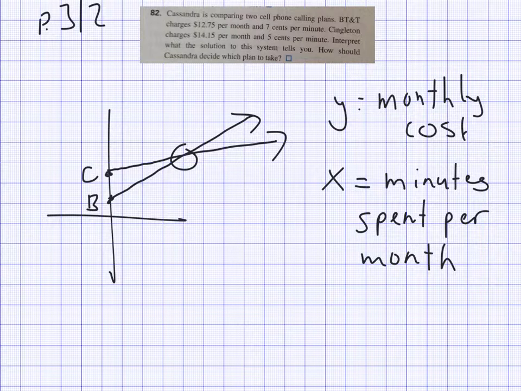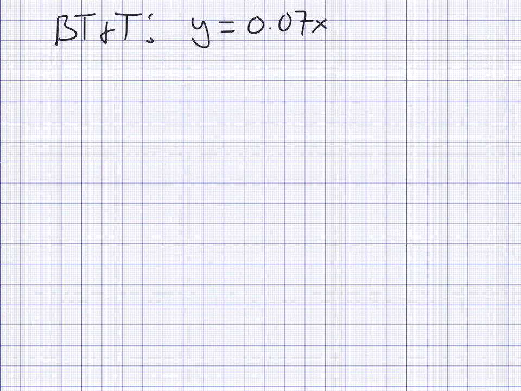So let me show you how we could build these. So we'll start with our BT&T. If we want an equation that models this, y is going to be the monthly bill. BT&T, this one was 7 cents per minute, so this will be 0.07x.